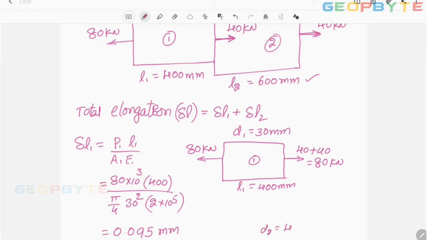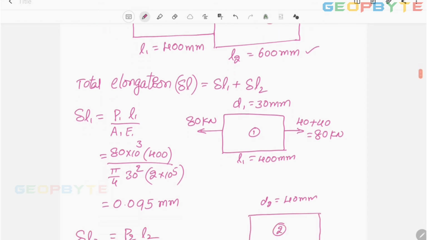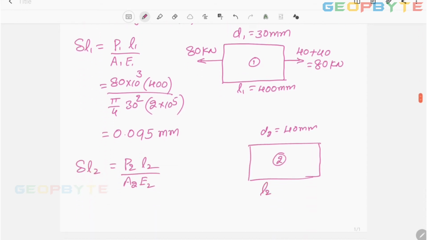D2 40 mm, length L2 equal to 600 mm. The load which is acting at the right end is 40 kilonewton. Otherwise 80 kilonewton is acting in this direction and 40 kilonewton is acting in this direction. The resultant load is 40 kilonewtons, acting towards right, because 80 minus 40 equal to 40.